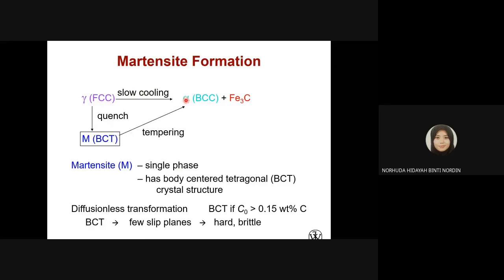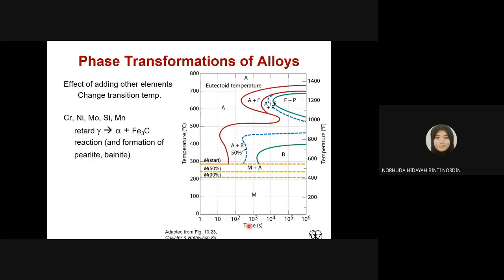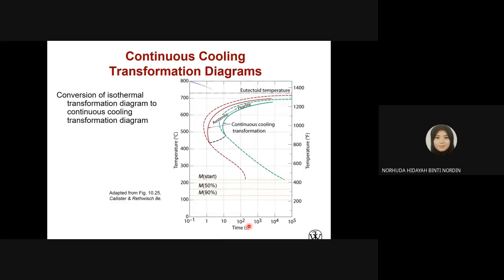So you get alpha plus cementite, ferrite plus cementite. Okay, so martensite is a single phase. It has a BCT crystal structure, and BCT has few slip planes, so you get a hard and brittle material.